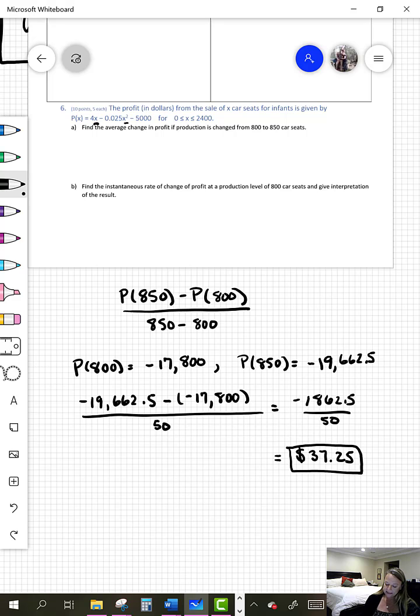Part B says find the instantaneous rate of change of the profit at a production level of 800 car seats and give your interpretation. So we want to find the instantaneous rate of change. We're just going to find the derivative of our profit function.